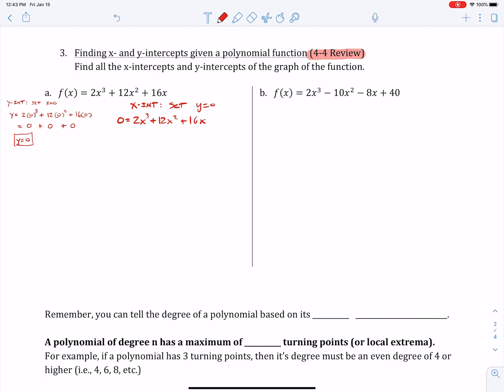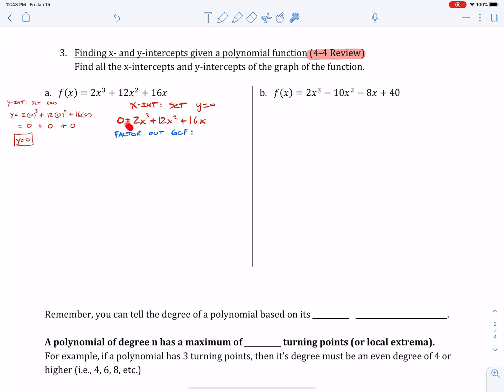Well, what we want to do is factor out our greatest common factor. So looking at this, I have 2x to the third power plus 12x squared plus 16x.